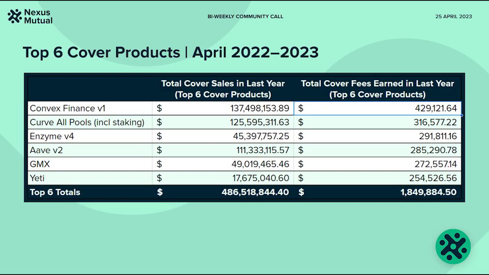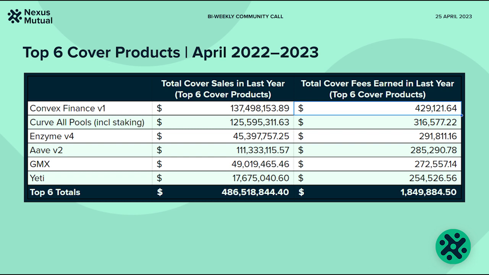Here we can see the top 6 cover products from April 2022 to April 2023, and we have listed them according to the total cover fees. So we earned the most cover fees from Convex Finance V1. We have also earned a lot from Curve Pools, Enzyme V4, Aave, GMX, and Yeti.